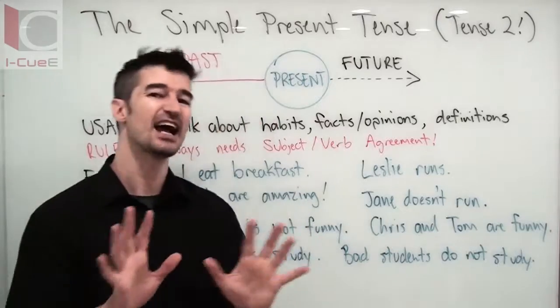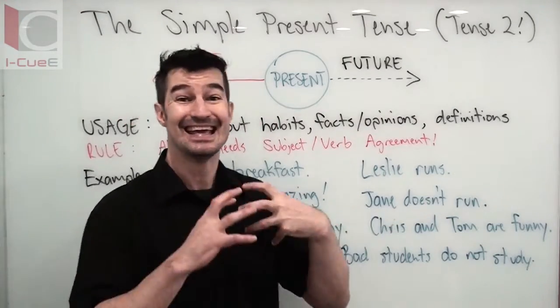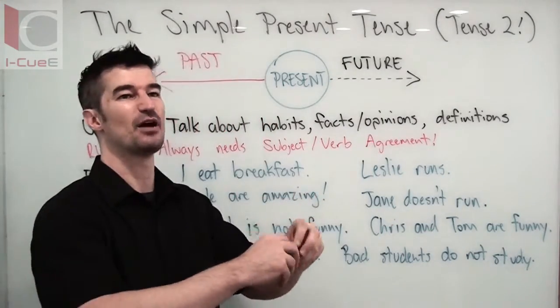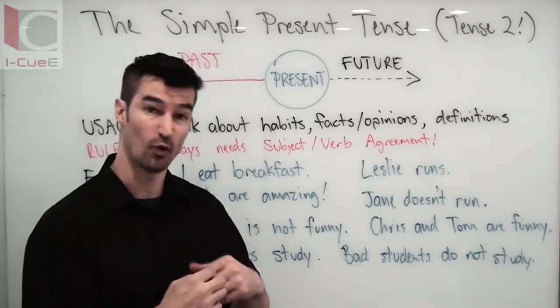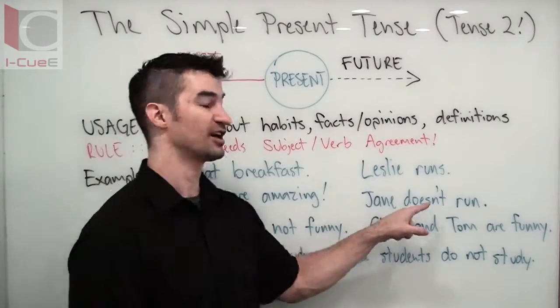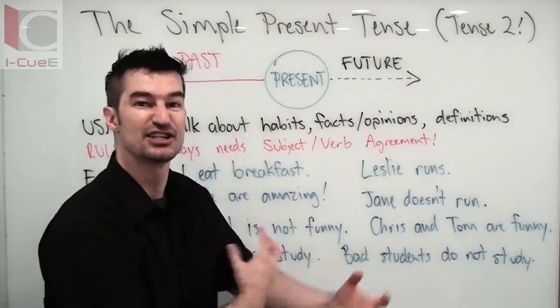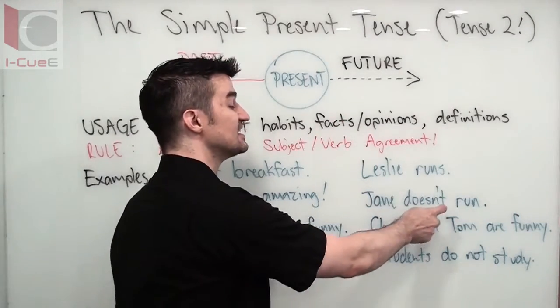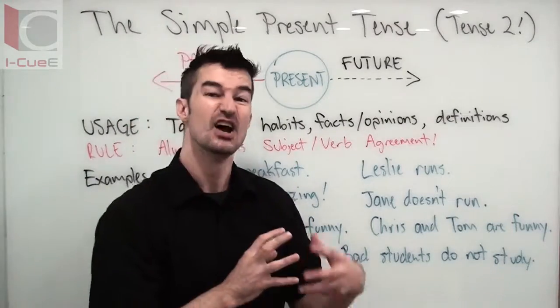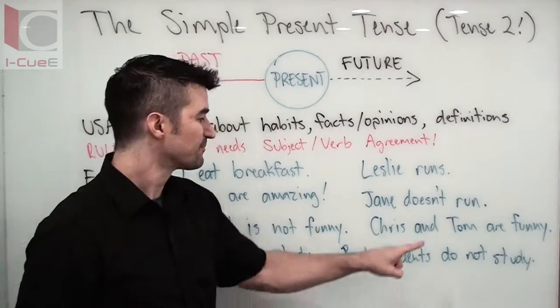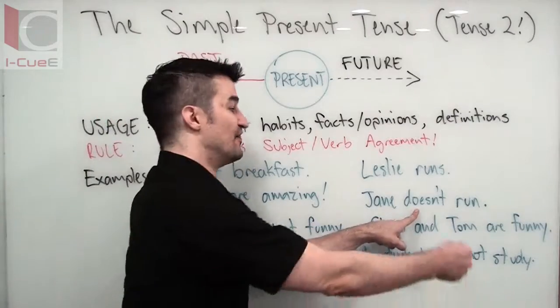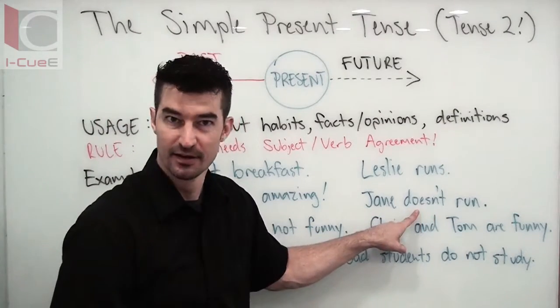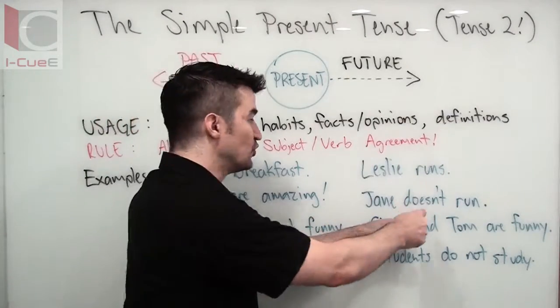So here, this is kind of important. When we negate, when we talk about something that we think is not true, or when it's factually not true in relation to something else, here we have Leslie who runs, but Jane does not run, okay? When we use negatives, we always add the do verb for action verbs, so do plus not.